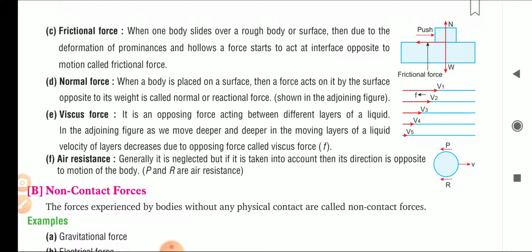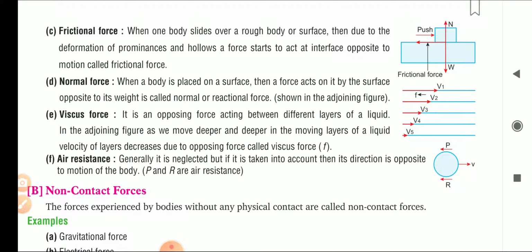Suppose an object is kept on a table and we slide it on the table. The particles of the table and the molecules of the object kept on it will get interlocked, and due to that interlocking they will try to resist.